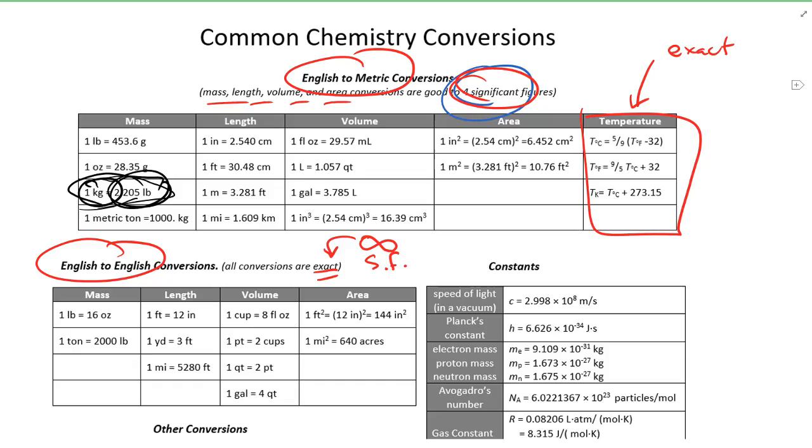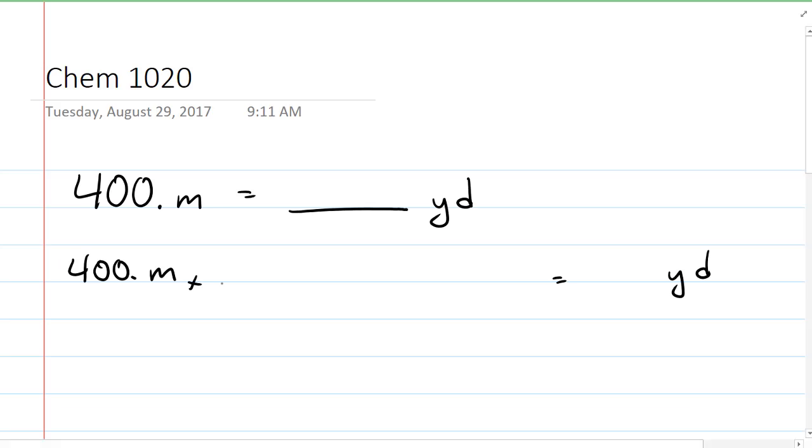Should we just do it by feet? We could go by feet. If we went by feet, we can convert meters first to feet right here. So let's go ahead and do meters to feet. If we do meters to feet, what goes on the top? Feet. And what goes on the bottom?